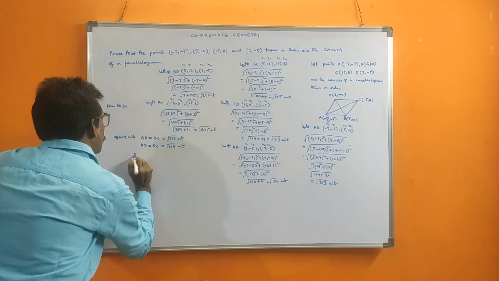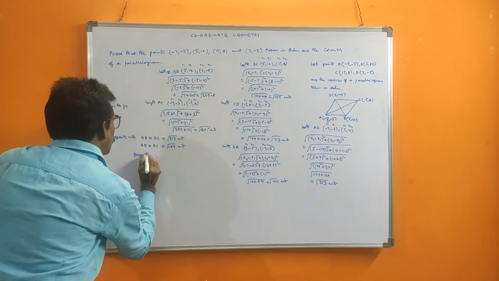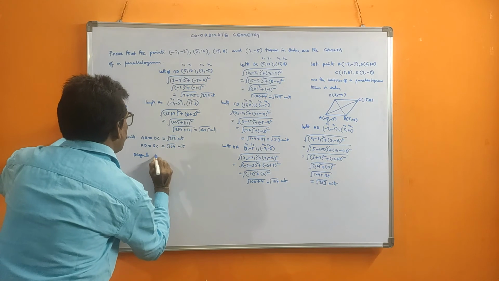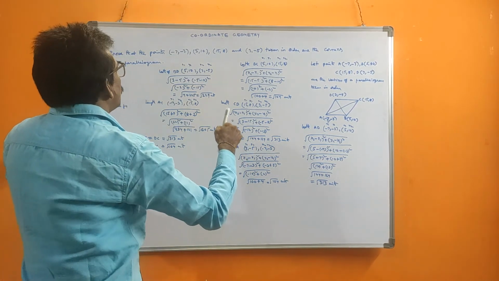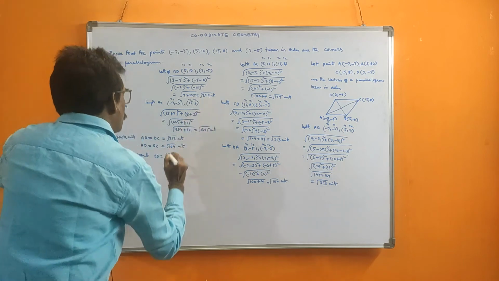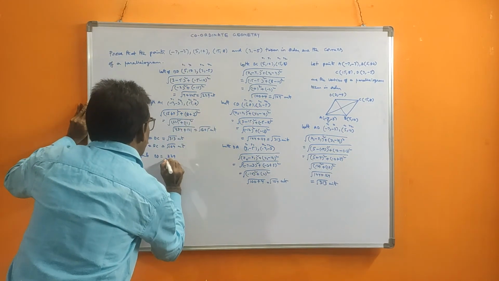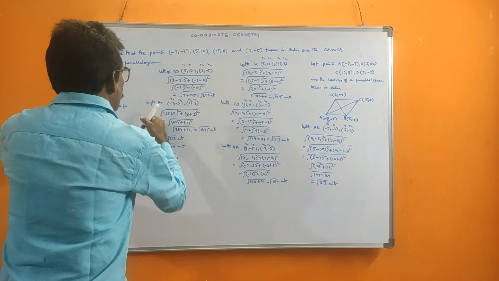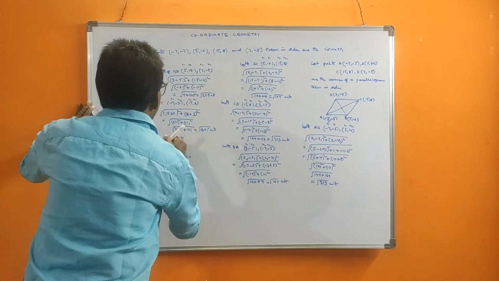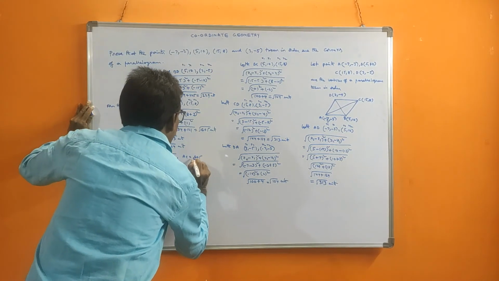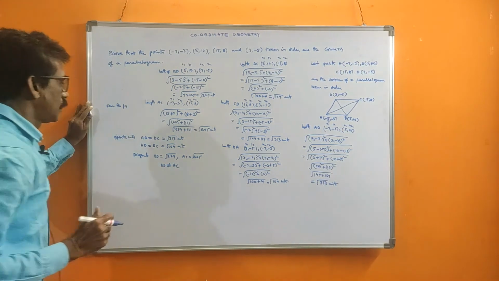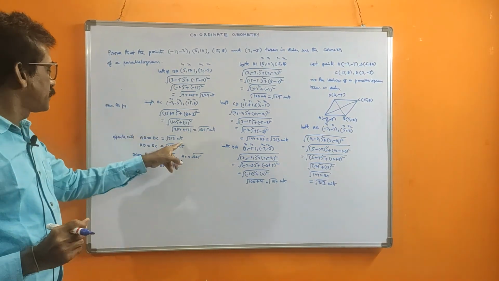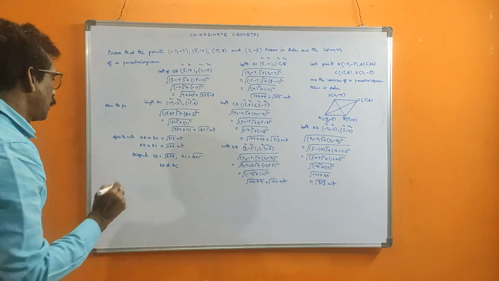Diagonals. BD is root 229. Next AC is root 605. So BD is not equal to AC. So here see, opposite sides equal, diagonals not equal.